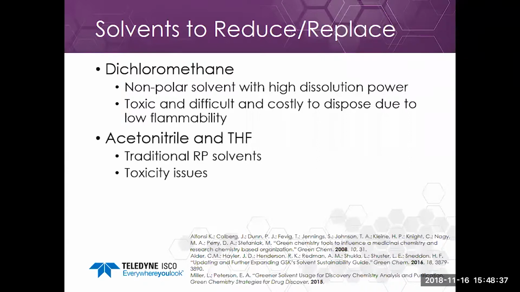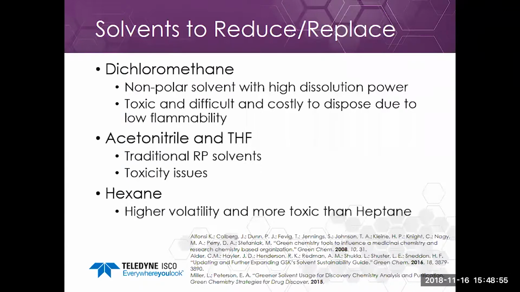Some other solvents we'd like to see reduced in the lab would be acetonitrile and THF. These are traditional reverse phase solvents, and they have some toxicity issues that we'd like to avoid with some substitution of different solvents. Another one that gets used a lot is hexane, and a lot of people have started transitioning to using heptane instead.